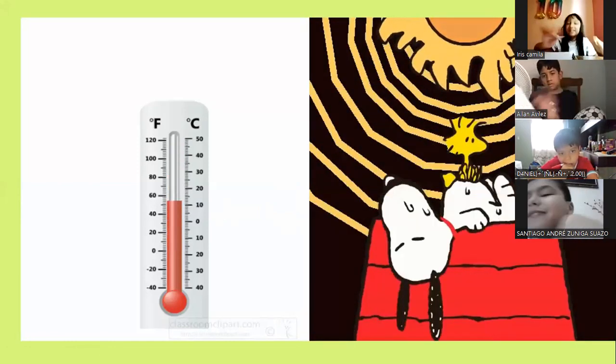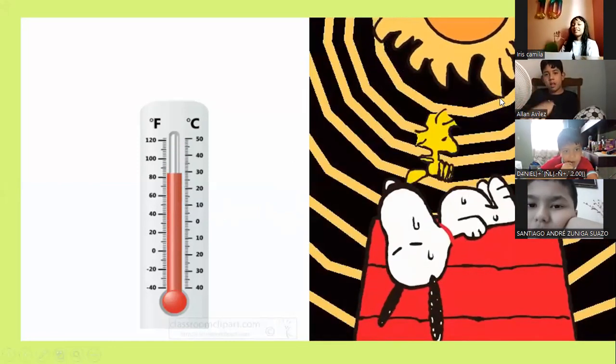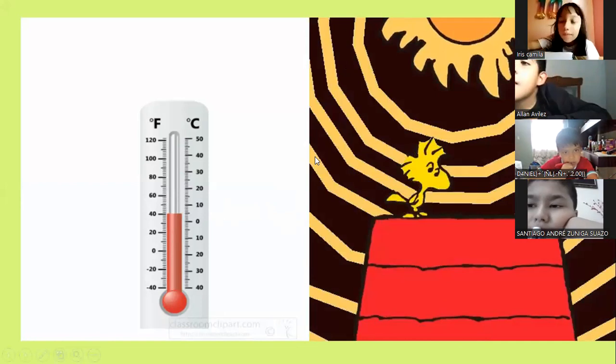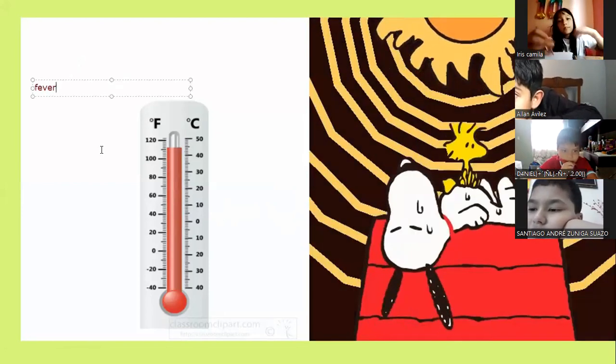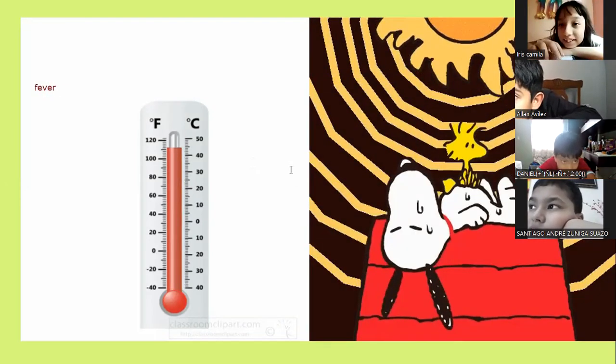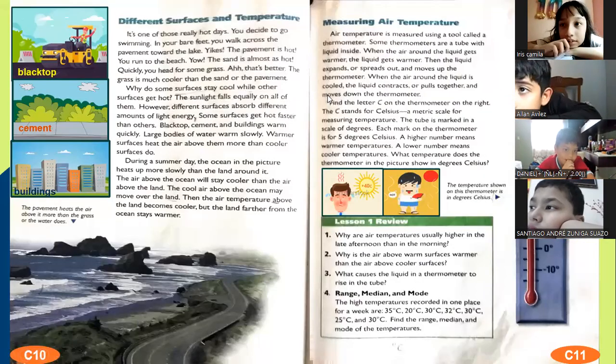You say calentura in English: fever. Thermometer. I think they put a thermometer in your mouth, and it measures temperature when you have a fever, and they see if you are with fever.